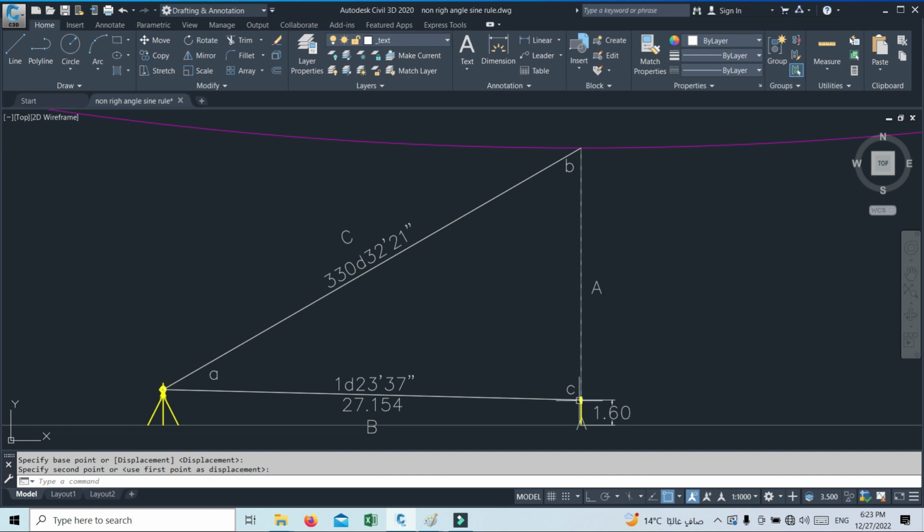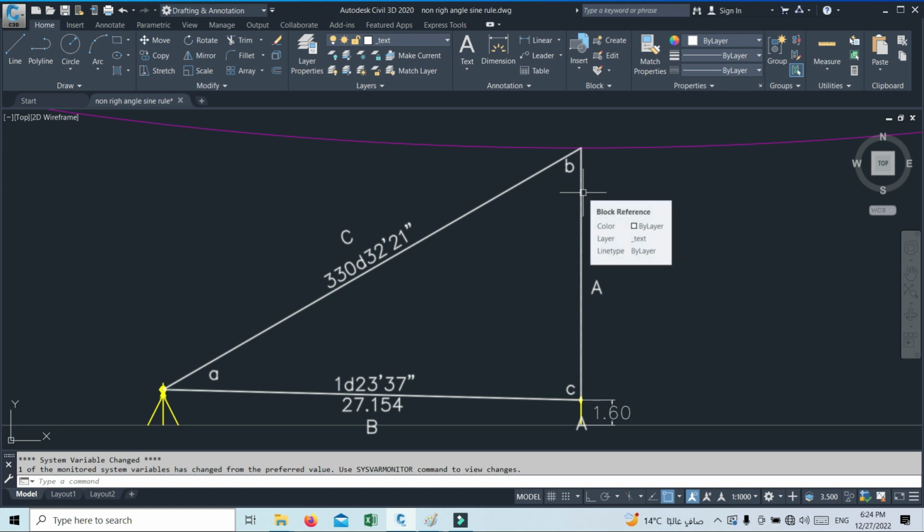This angle, you already have the angle here and the angle there, meaning to say we can already calculate the corresponding angle of each corner. How will we calculate it?